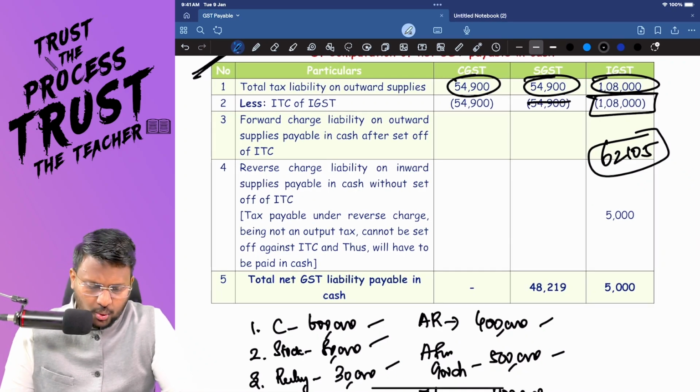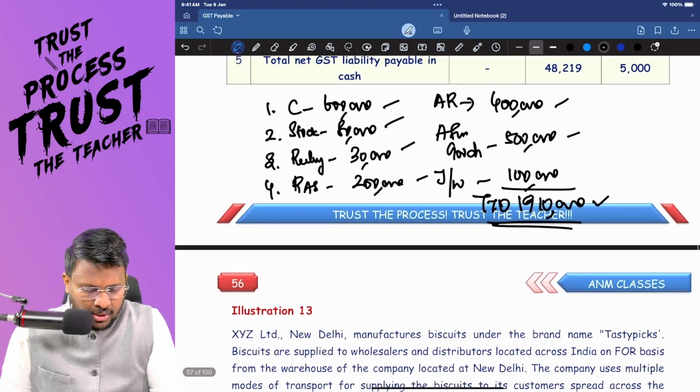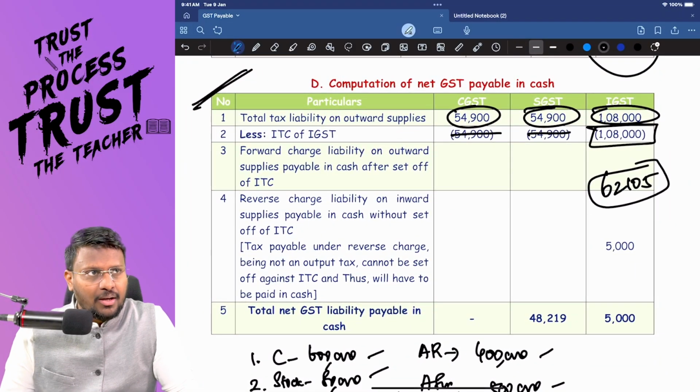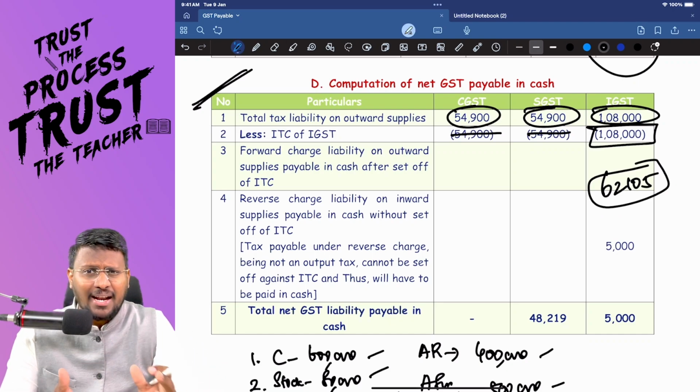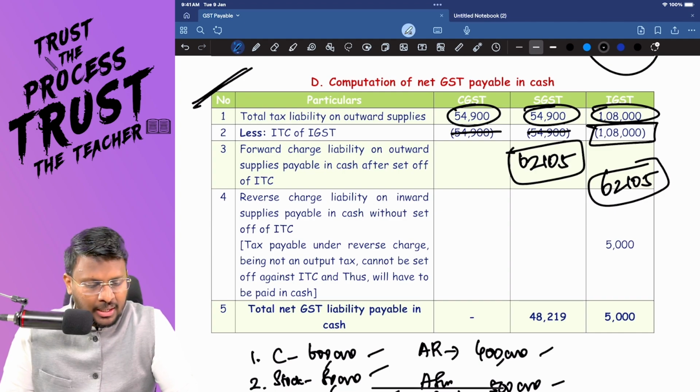CGST payable is 54,900. Is there any CGST credit? No, sir. So CGST payable will be payable for sure. But they want less amount payable in SGST or CGST.